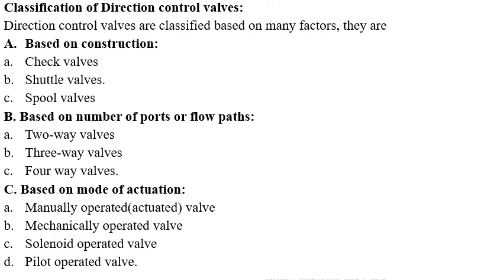Second is mechanically operated valves. These valves are operated mechanically. Third, solenoid operated valves. These valves are actuated by solenoids. Fourth, pilot operated valves. Here the valves are operated by pilot signals, hence the name pilot operated valves.